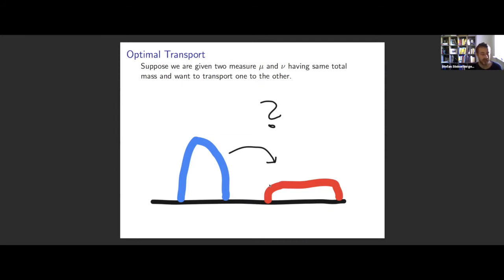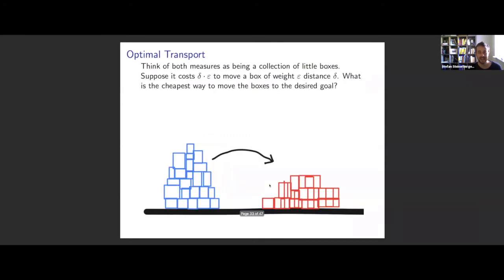I will only talk about the Wasserstein 1 distance here, which is also known as the Earth mover distance. It's the cost of moving the Earth. Assume I have a measure, and a measure is really built up of little epsilon boxes. Assume the measure is absolutely continuous, so essentially it's little epsilon boxes of measure and other little epsilon boxes of measure. Then I take a box and transport it to another box, where it should be.